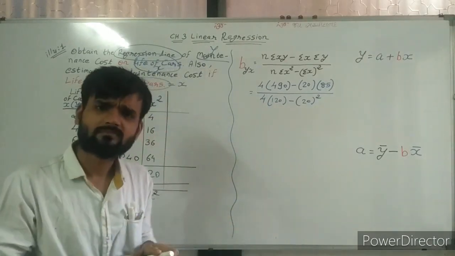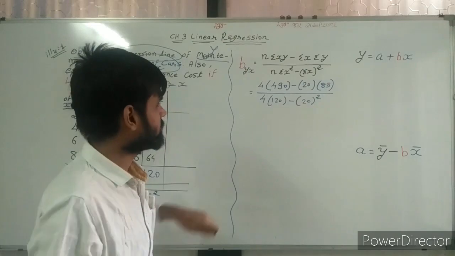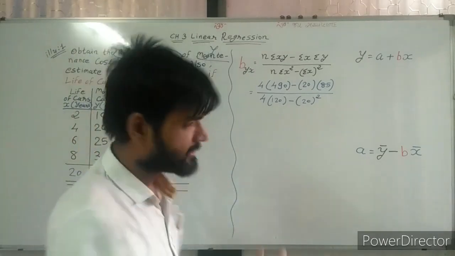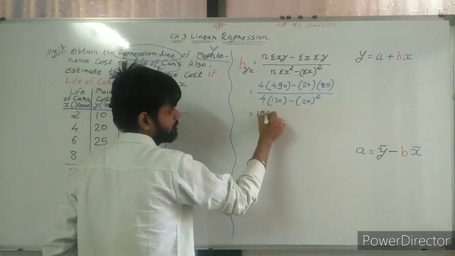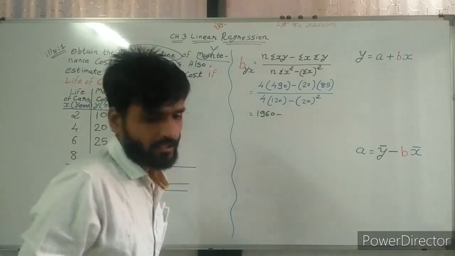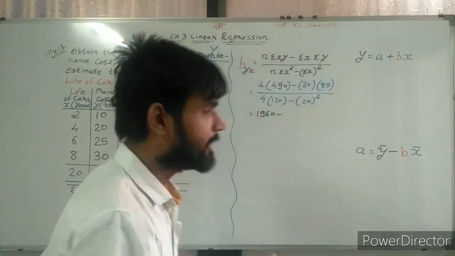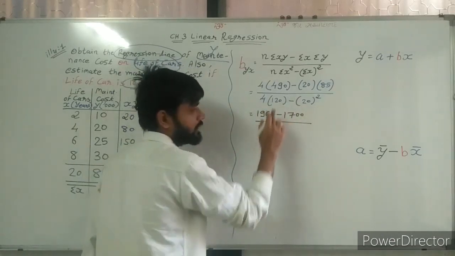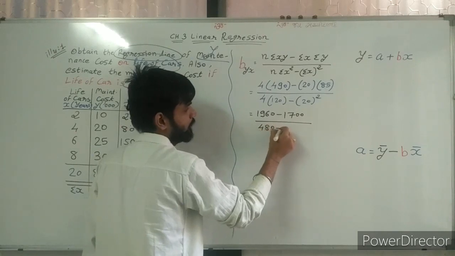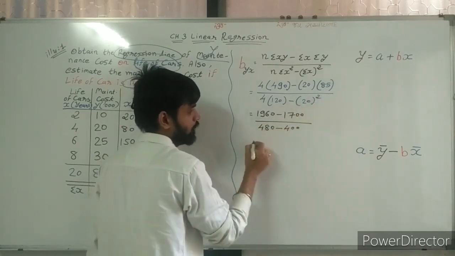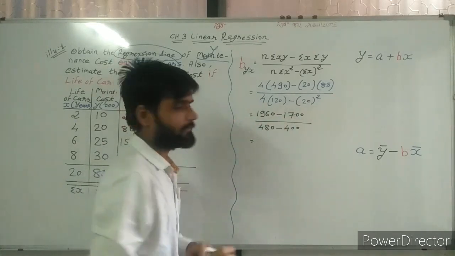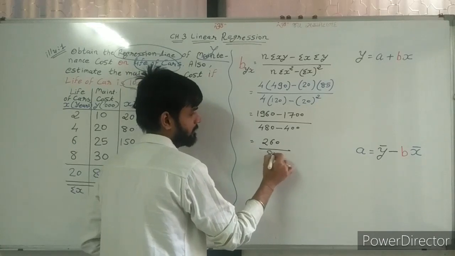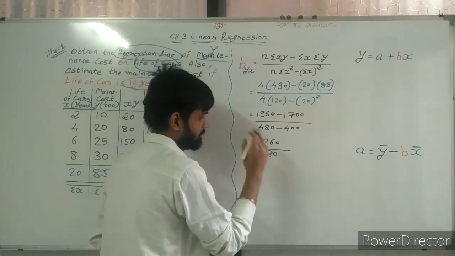Now solve the sum; you can solve it in your calculator. 4 into 490, 1960. 20 into 85, you will get 1700. 4 into 120, 480. 20 square, 400. 1960 minus 1700, 260. 480 minus 400, 80.